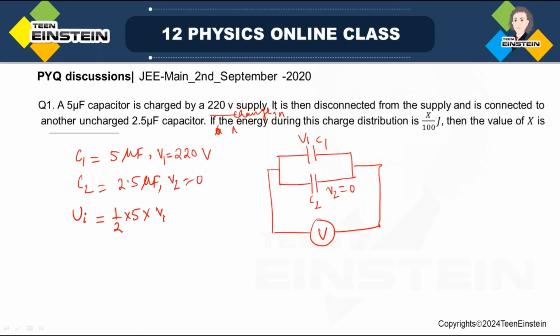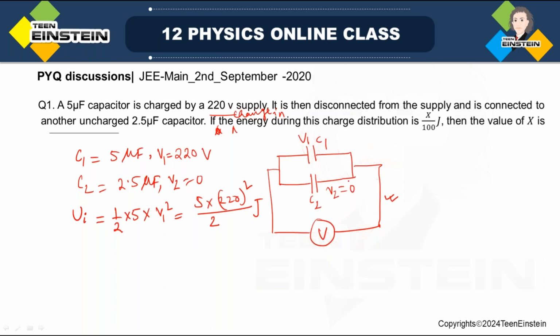That means 5 into 220 volt square by 2. So this was the initial energy, obviously in joule.